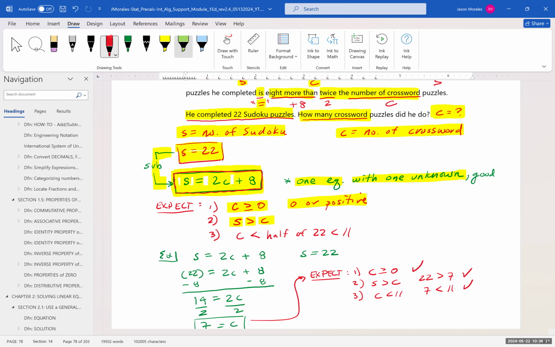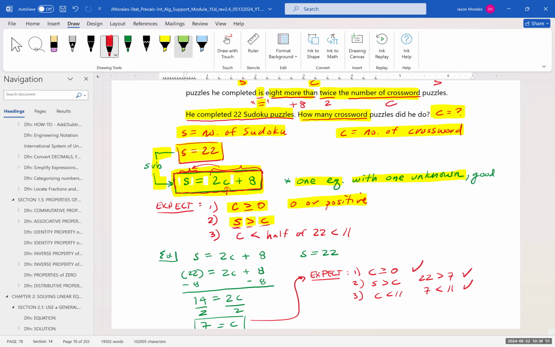In order for everything on the right-hand side to equal the number of Sudoku puzzles, we need to take the number of crossword puzzles and beef it up, add to it, multiply it, to make it larger so that it equates to the number of Sudoku puzzles. So this relationship is telling me that the number of Sudoku puzzles is greater than the number of crossword puzzles.